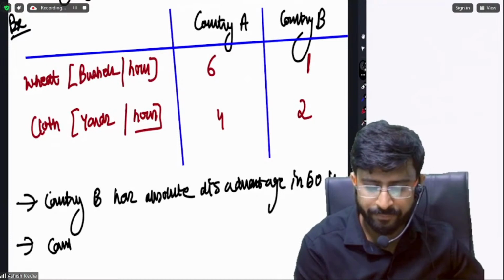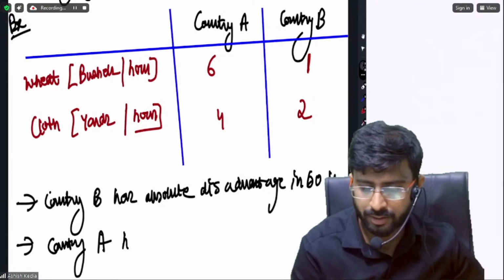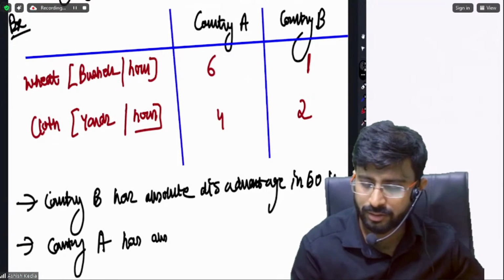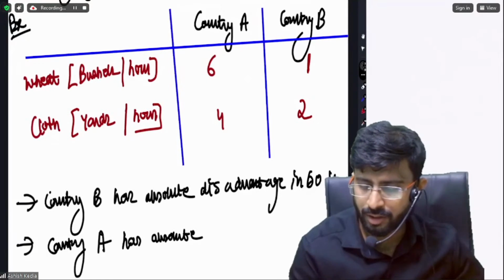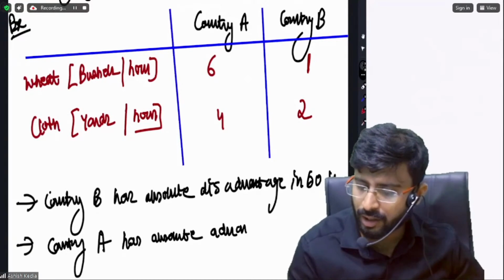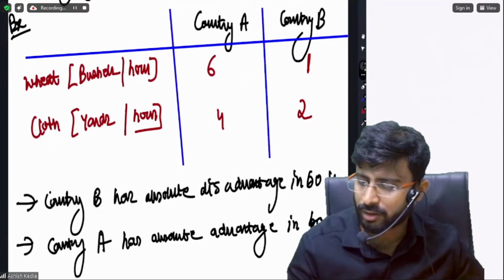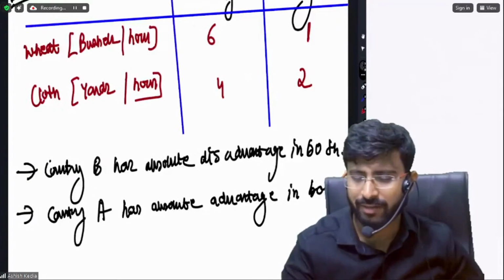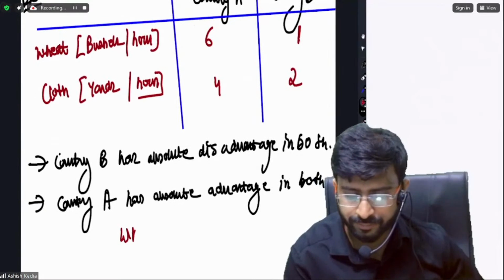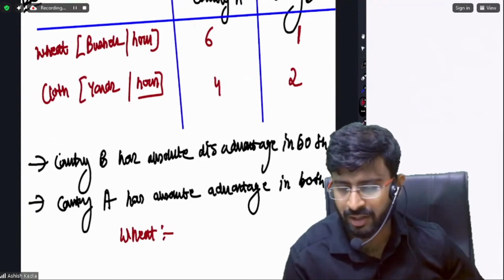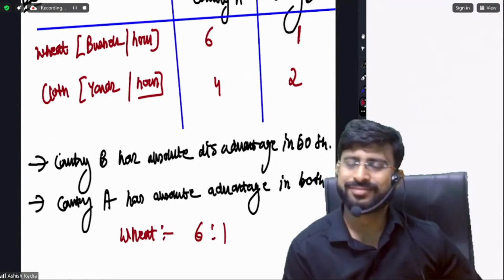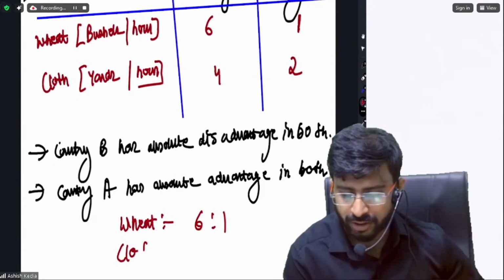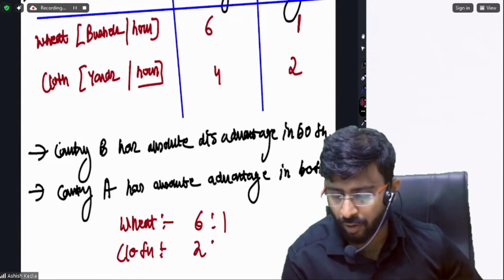Country A has absolute advantage in both. But now compare the advantage. In wheat, the advantage is in the ratio of 6:1. In cloth, the advantage is in the ratio of 2:1.